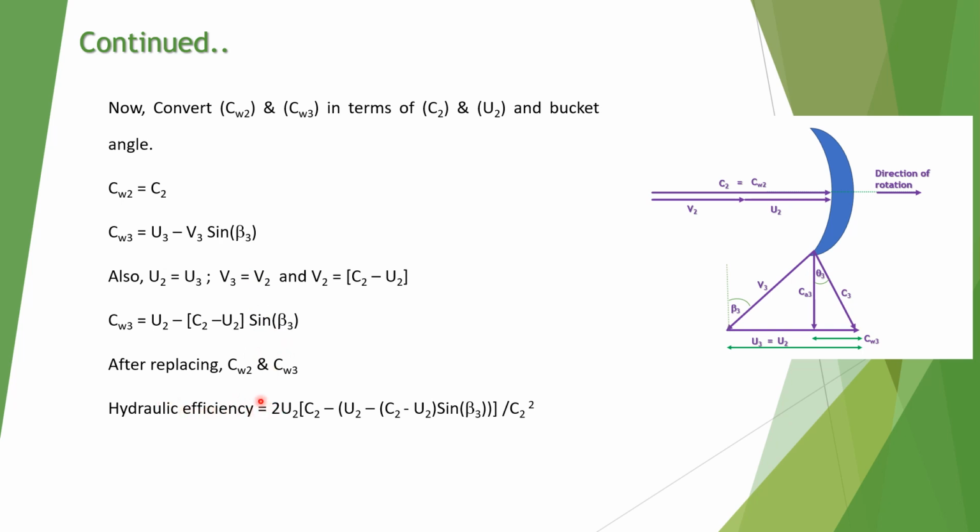After replacing CW2 and CW3, we can write hydraulic efficiency as 2 into U2 into, for CW2 it is C2, minus, for CW3, U2 minus (C2 minus U2) into sine beta 3, all upon C2 square.